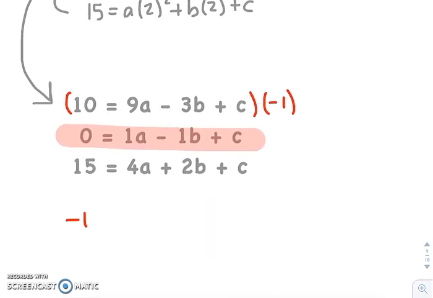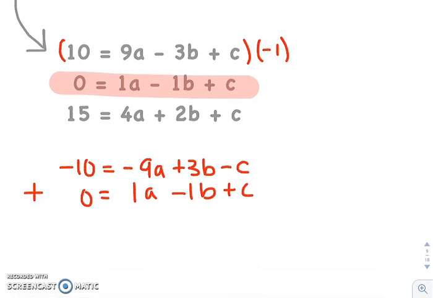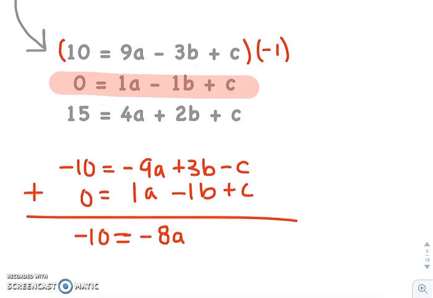So we have -10 equals -9a, now plus 3b minus c, with the one we're using to eliminate it. So 0 equals 1a minus 1b plus c. Add those two equations together. -10 equals -8a plus 2b.